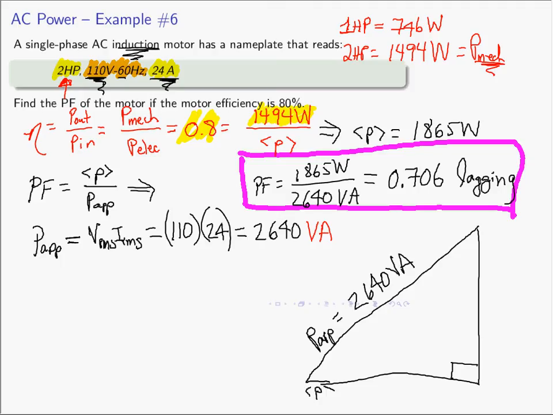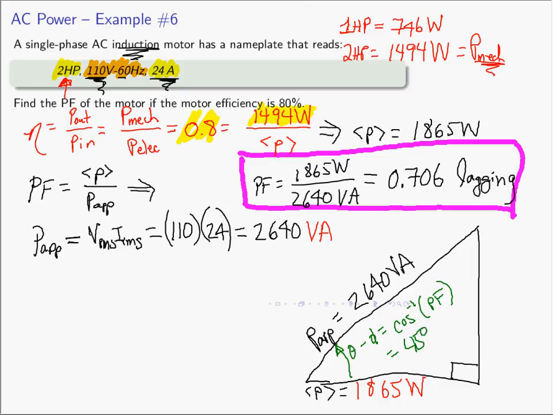We know the average power goes down here, and that was 1,865 watts. The angle right there is theta minus phi, and that's going to be the arc cosine of the power factor. So it's the arc cosine of 0.706, and that is roughly 45 degrees.